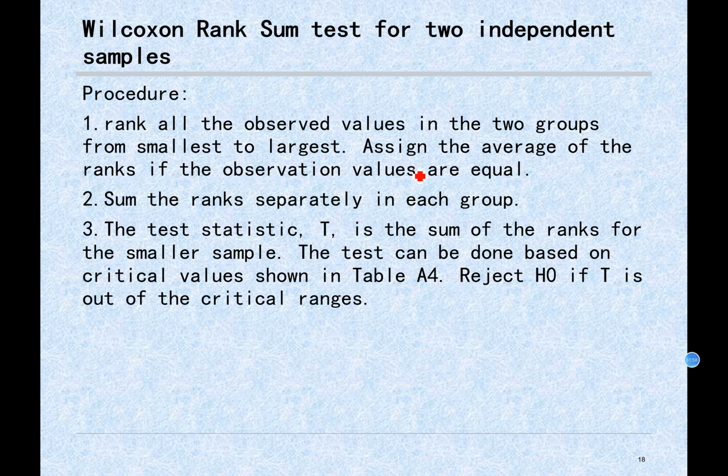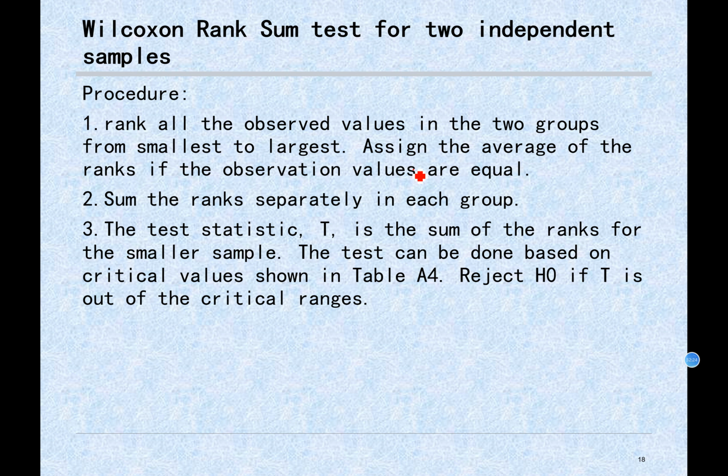We need to choose the test statistic for the smaller sample. So that means which group has the smaller sample size, we need to use its corresponding rank sum as the test statistic T value.